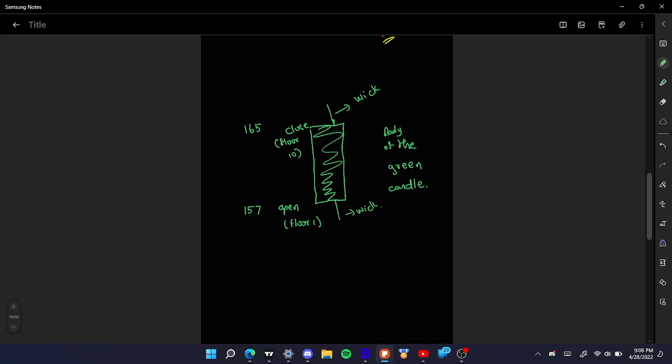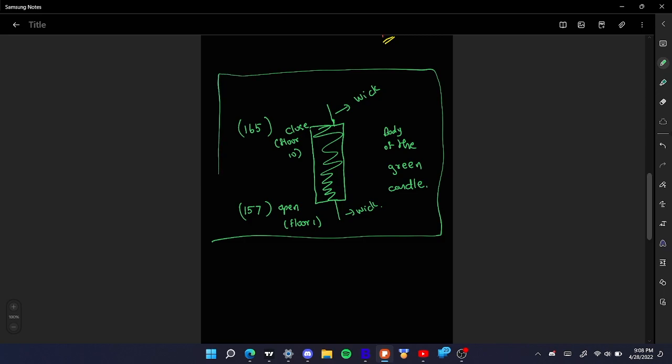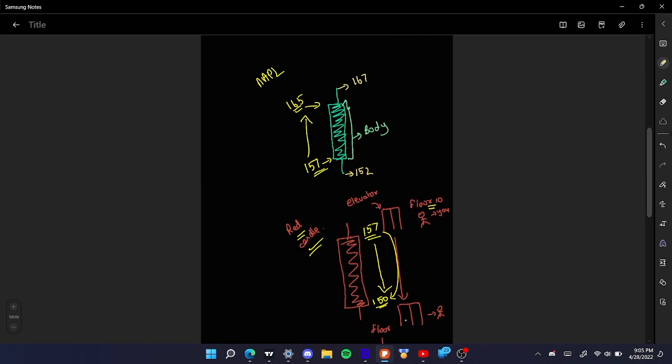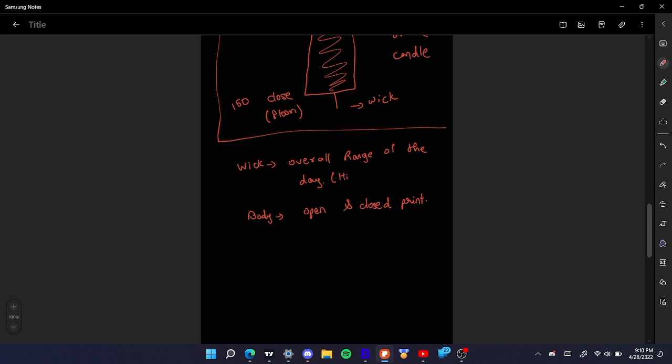The wick tells you the overall range of that particular day. The body tells you the opening and the closing of the price of the stock. So to summarize, the body tells you the opening print and the close print of the candle, and the wick tells you the overall highs and the overall lows of that particular day.